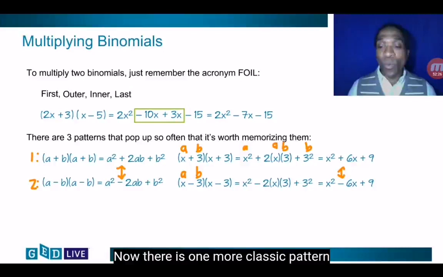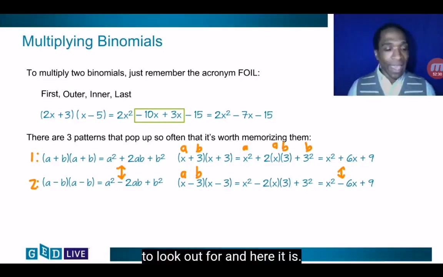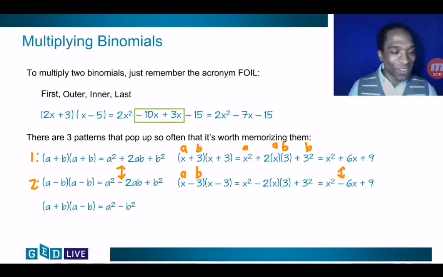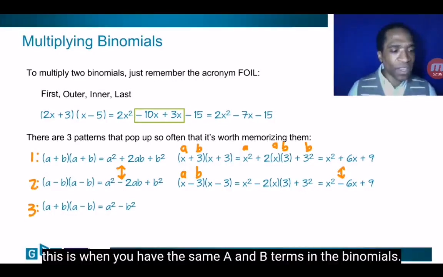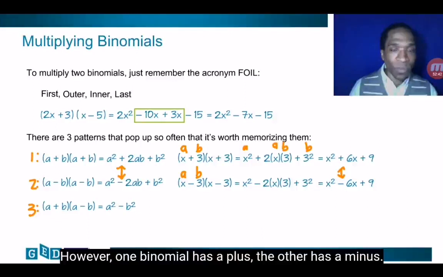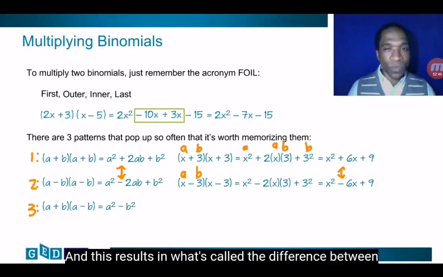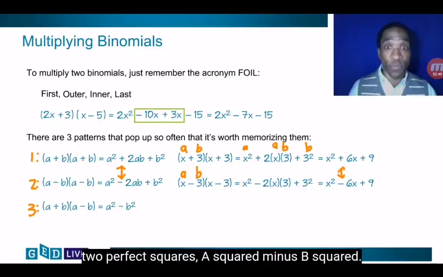Now, there is one more classic pattern to look out for, and here it is. So this is number 3. This is when you have the same a and b terms in the binomials. However, one binomial has a plus, the other has a minus. And this results in what's called the difference between 2 perfect squares, a squared minus b squared.